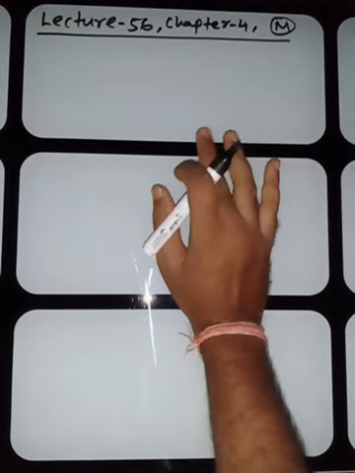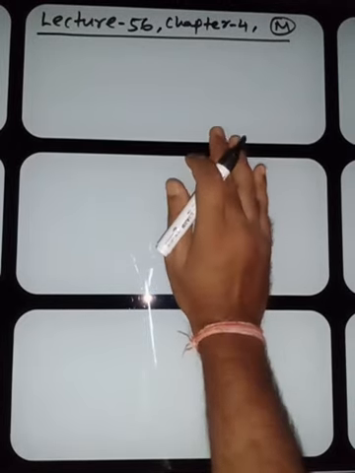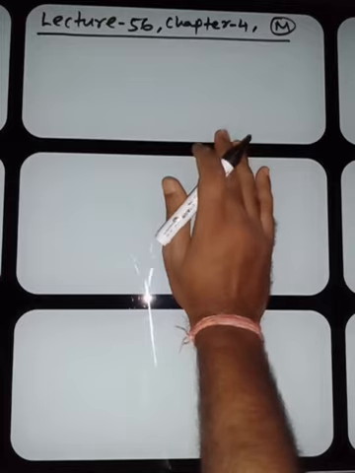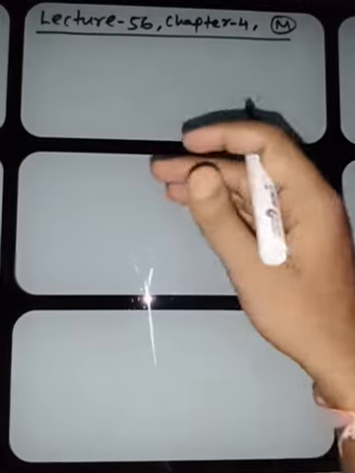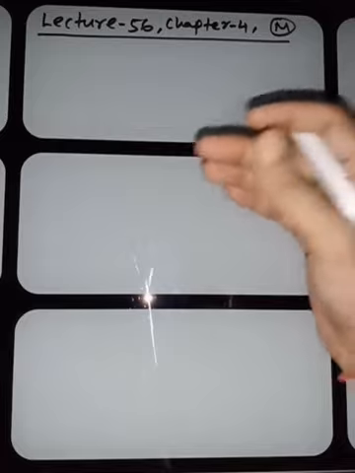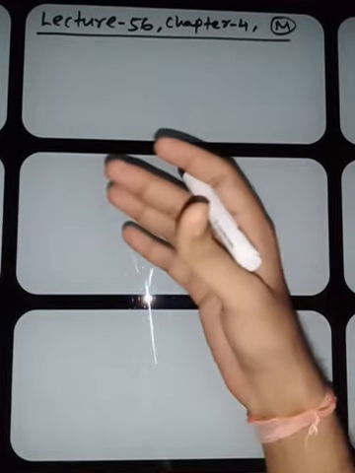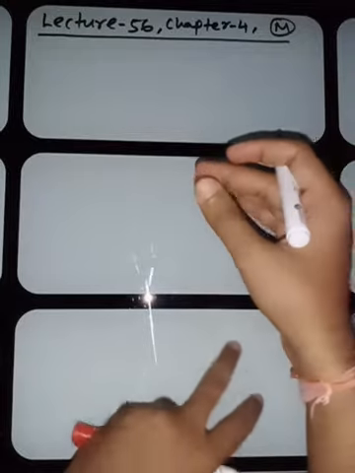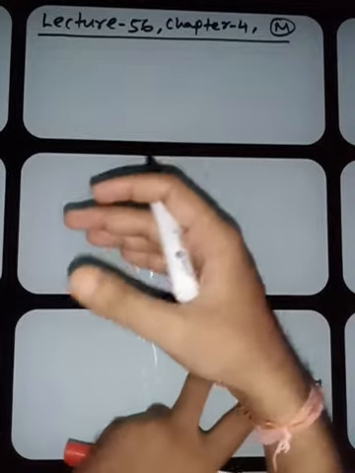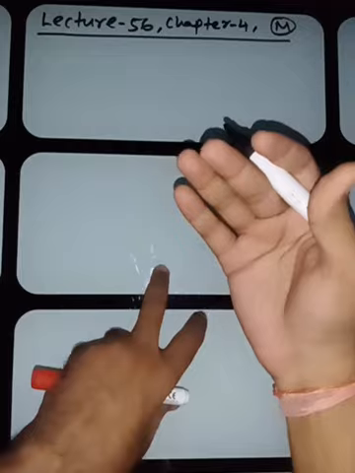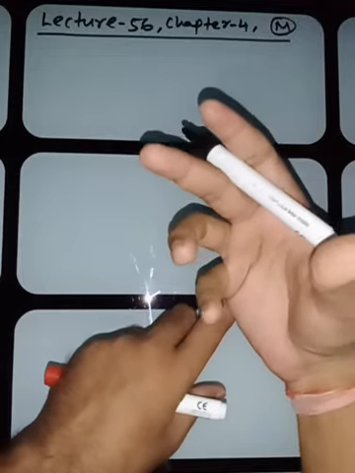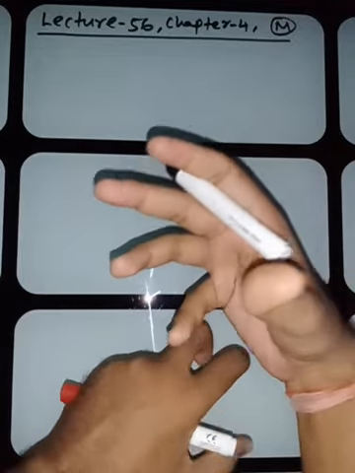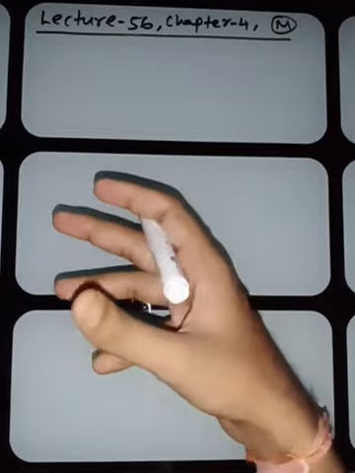We are about to conclude this chapter. Today we'll study the Ampere Circuital Law. In the last class we studied the magnetic field due to a solenoid, and it was a very complex calculation. Today we'll see how the Ampere Circuital Law makes this calculation so much easier for us.